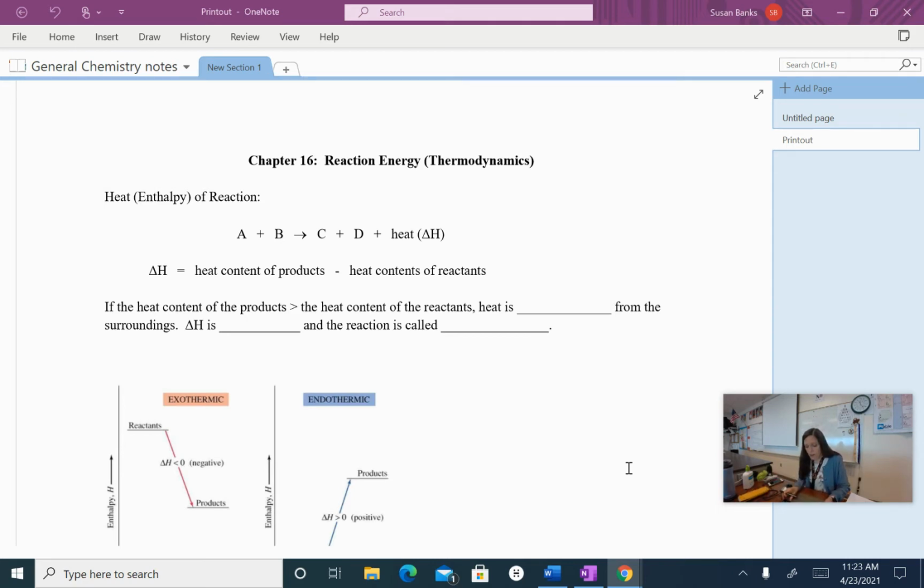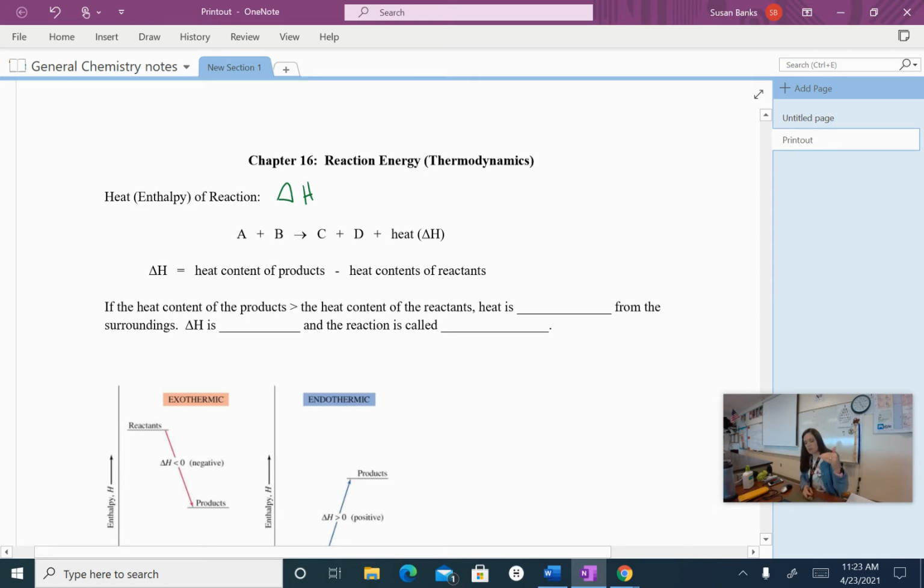Okay, so our first thing that we're going to talk about is our enthalpy of a reaction. Now, we've already talked about enthalpy a little bit. Enthalpy is really given to us by the symbol delta H. That is just the change of heat of a reaction.